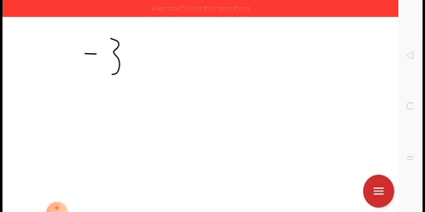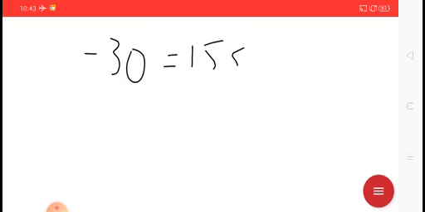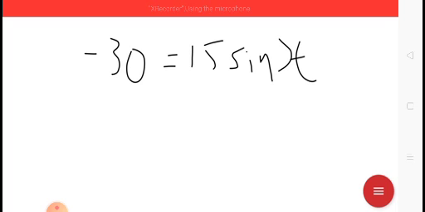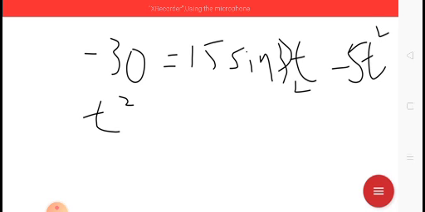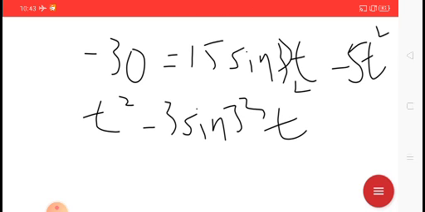Negative 30 equals 15 sine 32 t minus 5t squared. By simplifying this, you get a quadratic equation: t squared minus 3 sine 32 t minus 6 equals 0.